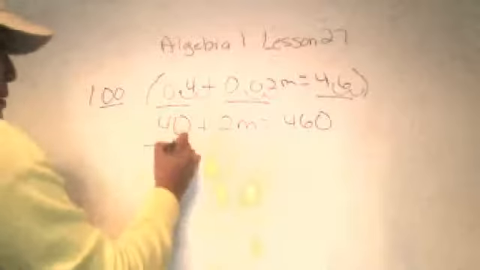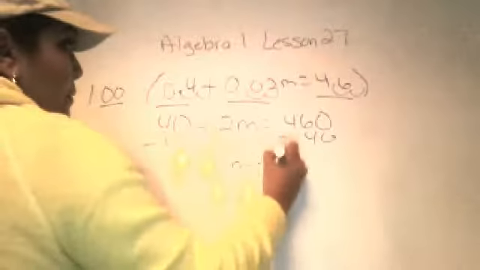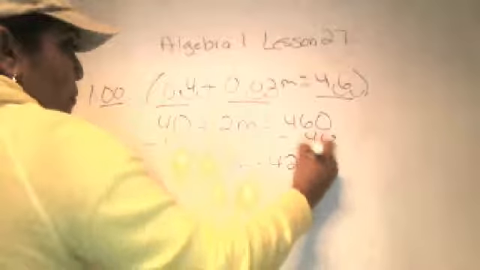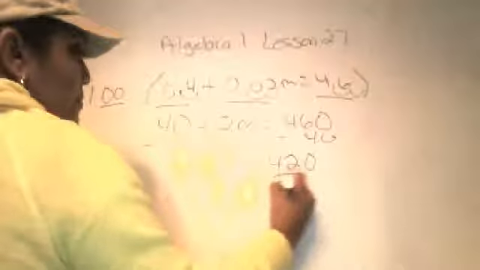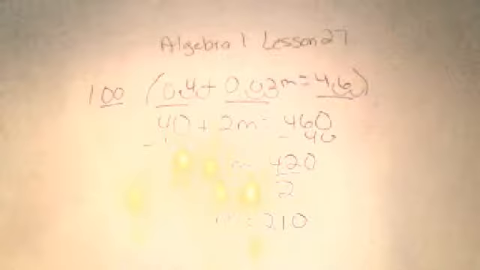Now I can solve this much easier. 2m equals 420, divided by 2, m equals 210. If I did it with decimals, I would get the same answer, except I'm more likely to make a mistake because we tend to forget our rules for adding, subtracting, multiplying and dividing decimals.